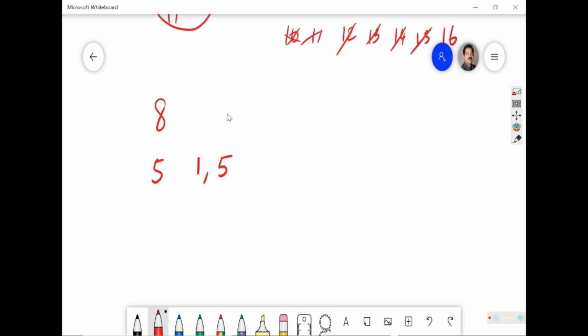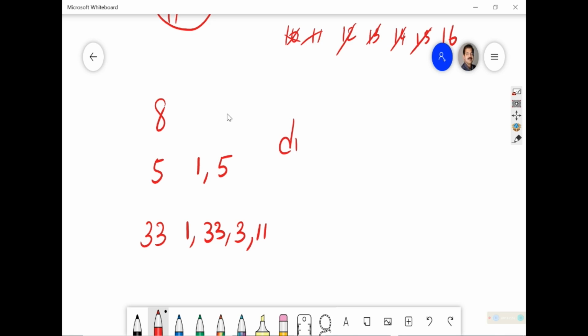There is 5 and there is 1. Understood? There is a number 33 asked. 1 we can write surely, 33 also we can write, but it can be divided by 3 because 3 into 11 is 33, so 11 is also there. So there are numbers where you will have more divisors and more factors.